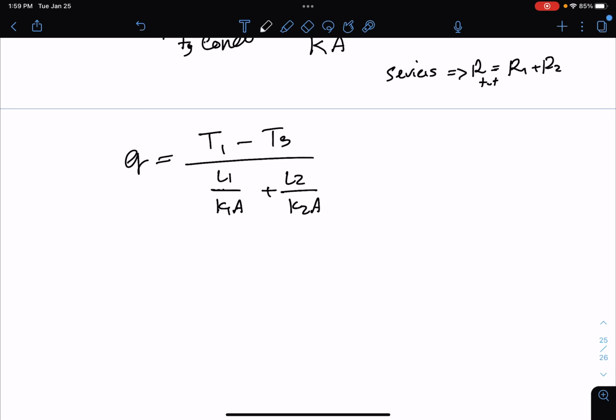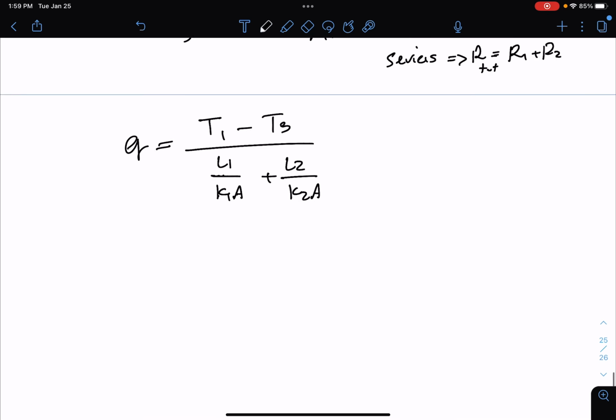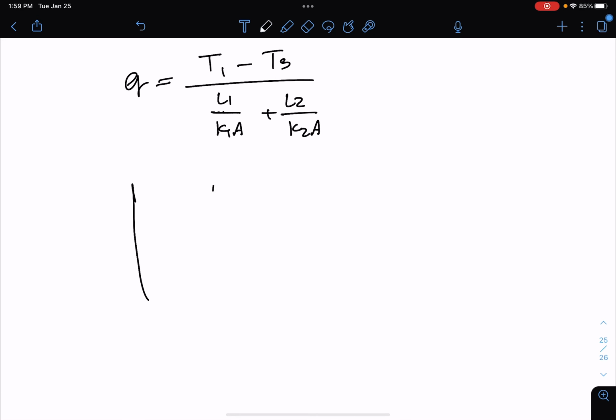You can also apply this to a case of one-dimensional convection. What does that mean? Let's say you have a wall, and you have convection outside of this wall. Let's say this wall is exposed to some sort of an airflow or water flow, instead of a constant temperature.